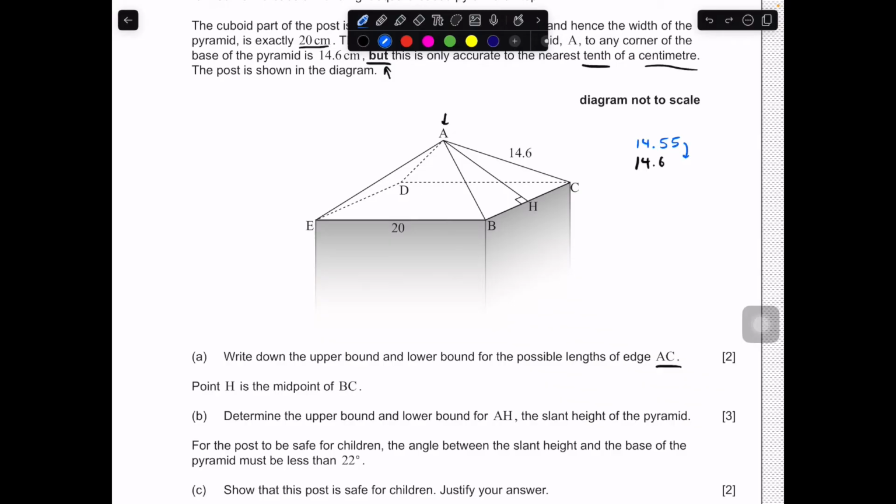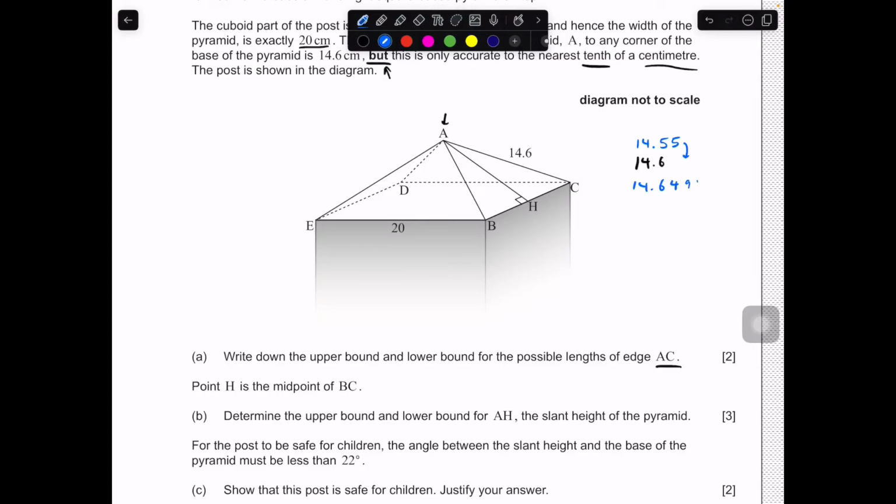And the upper bound in this case will be 14 point, and we can ask ourselves some questions. Let's say it's 6.4. 6.4 we would certainly round down. But let's imagine the situation where maybe it's 6.45. Then we would still round down. And if it was 6.49, we would still round down.